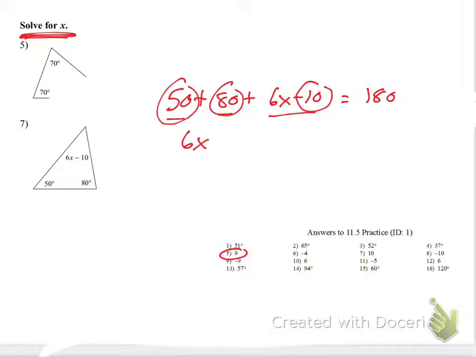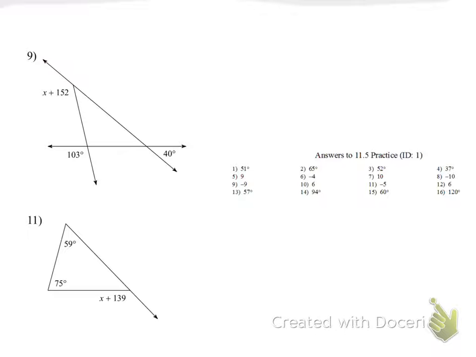So that's 50 plus 80 is 130. And then we have a negative 10, so minus 10. So that would be plus 120 is equal to 180. Minus the 120, I'm going to have 6x is equal to 60. So then x is going to be equal to 10. All right.